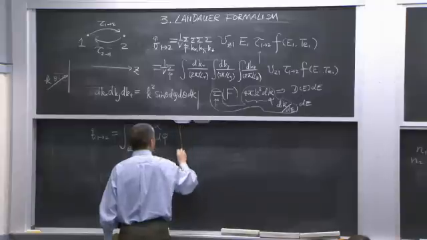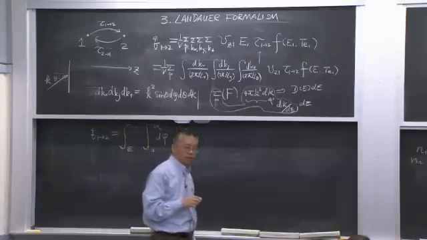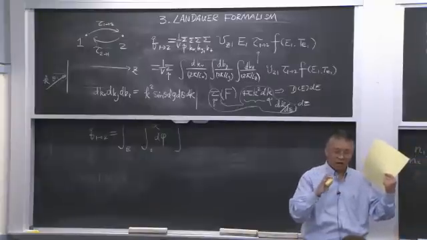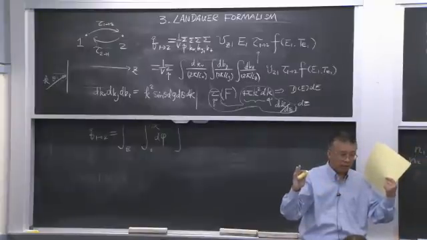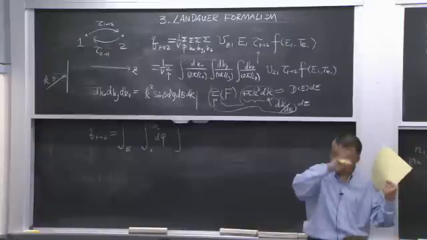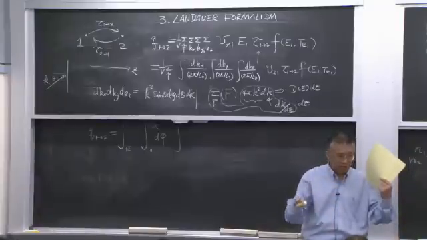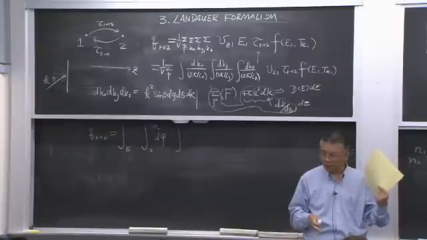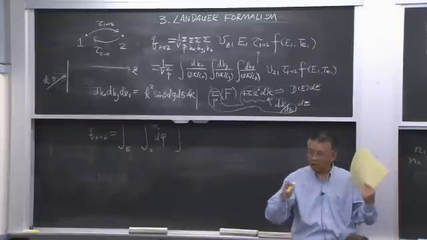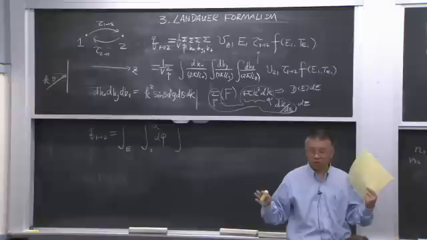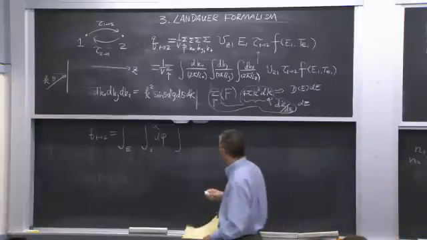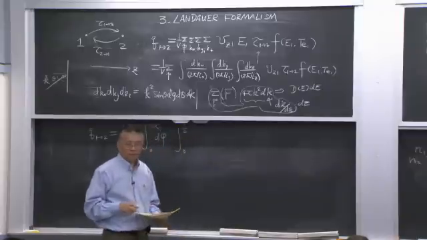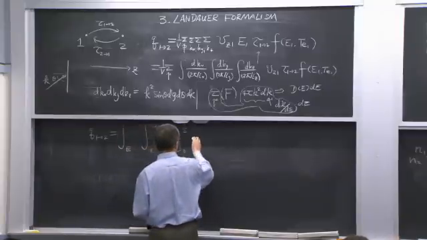And my theta integration has to be careful because what comes in is no longer 0 to 180 degrees. When I integrate the local energy, it's 0 to 180 degrees. But I'm only counting what comes toward the surface, 0 to 90 degrees. So it's 0 to pi over 2, d theta.